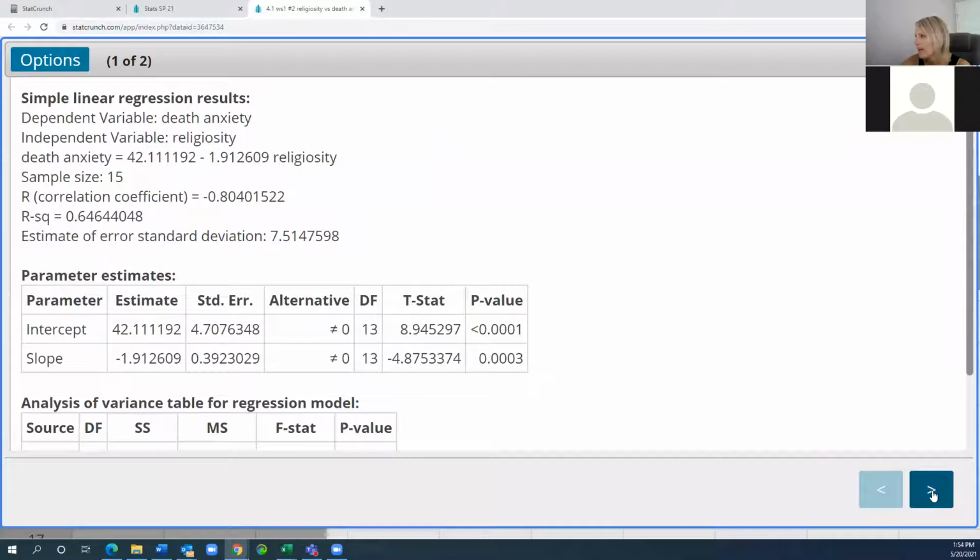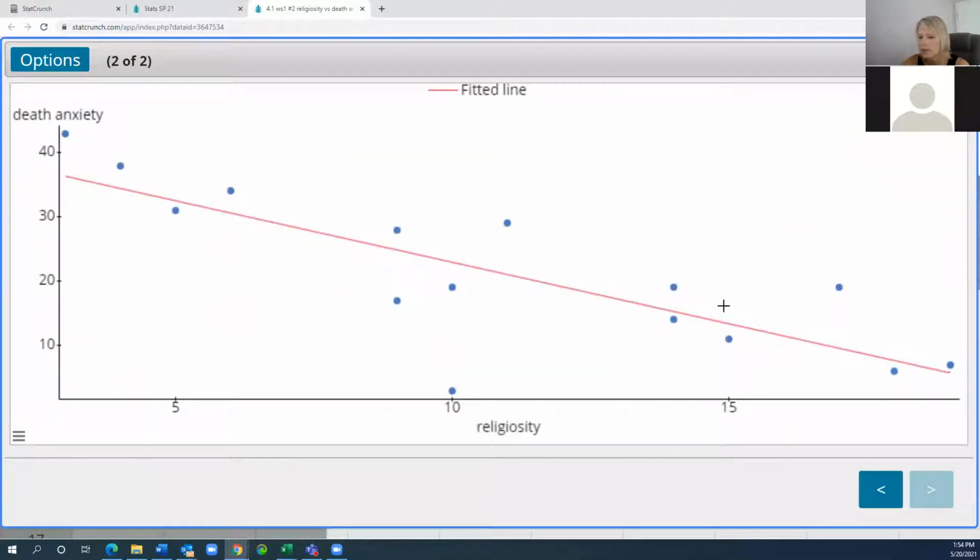And I'm going to go to the second page of the printout, and it looks like this is what our scattergram should look like. I am going to just draw a basic one on my paper. Religiosity is on the bottom horizontal axis, and death anxiety is on the vertical. I'm just drawing what I came up with, trying to match up with what I have.